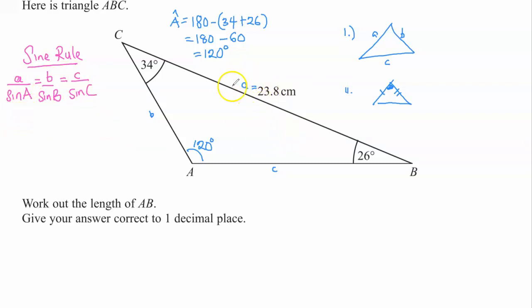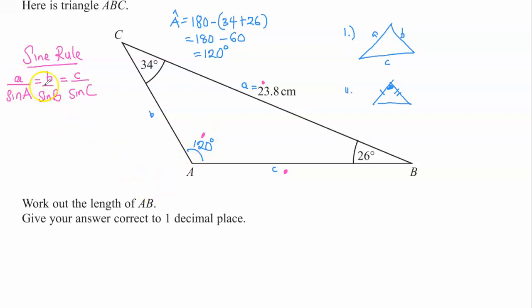So now we can see here that AB represents lowercase c. So this is the side of interest. Now we also have lowercase a and also uppercase A.